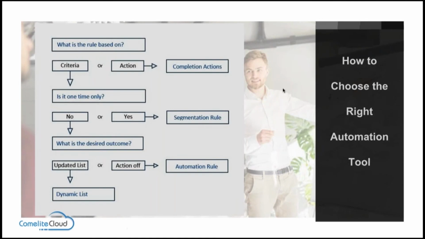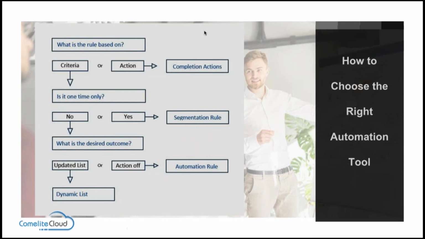Okay, so let's move forward with the automation tools. So we have dynamic lists. A dynamic list allows a rule-based list that updates automatically based on the criteria that we define. It automatically adds prospects to a list that match the criteria, and removes prospects from the list that do not match the criteria.